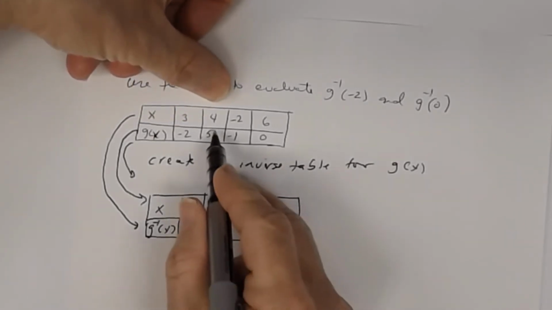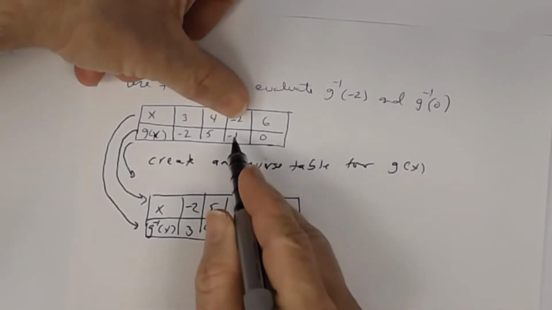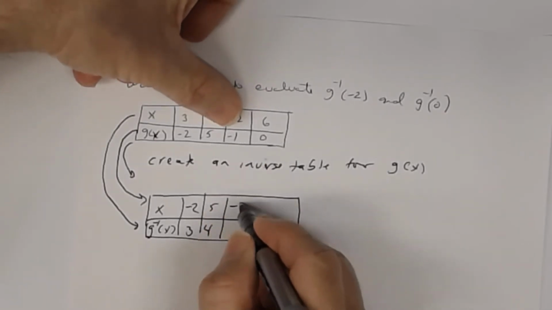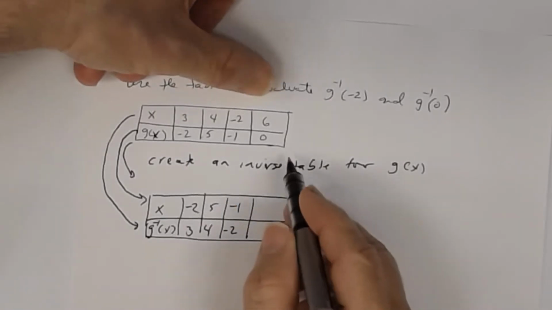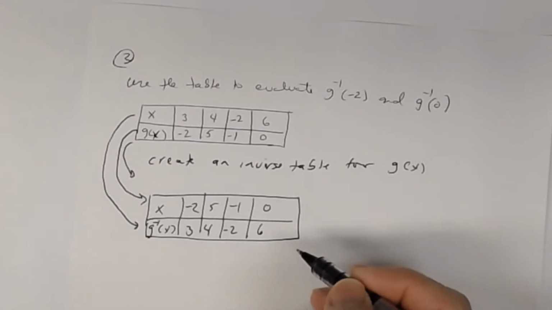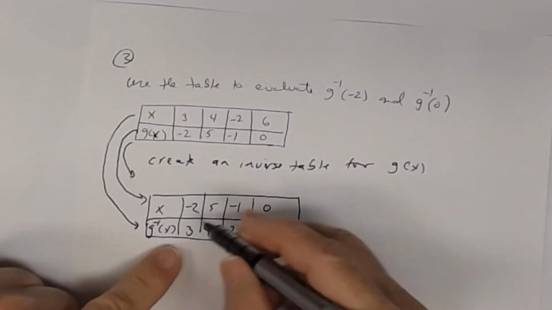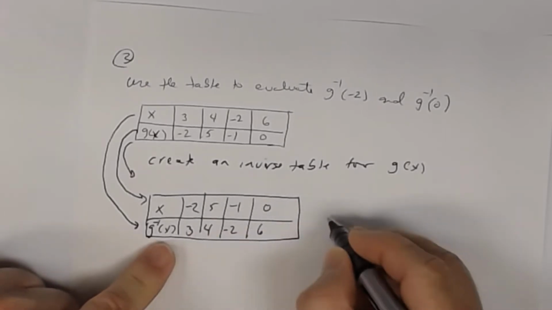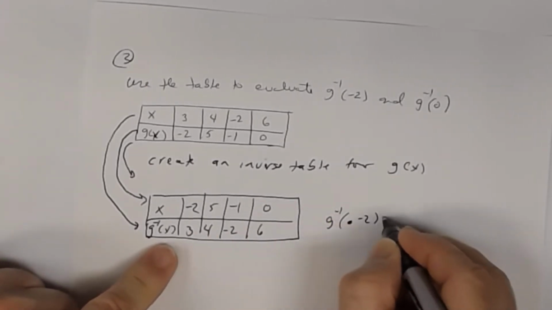When x is 5, the inverse of 5 is 4. When x is negative 1, the inverse of negative 1 is negative 2. You see I'm interchanging the coordinates. When x is 0, the inverse of 0 is 6. All right? So remember what this means. This means for the inverse, g inverse of negative 2 is 3.